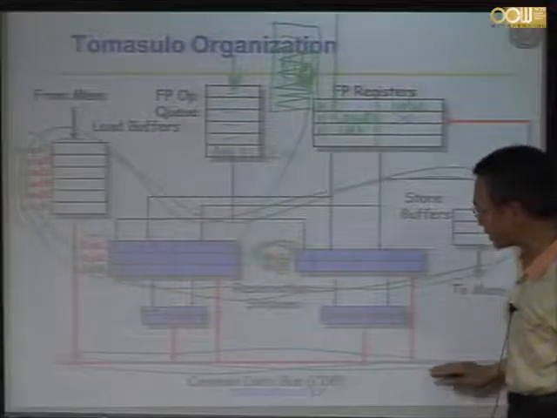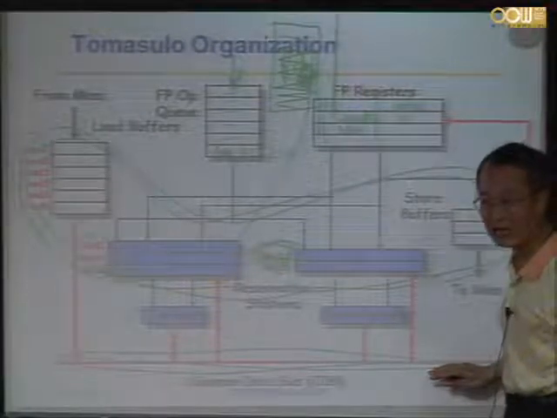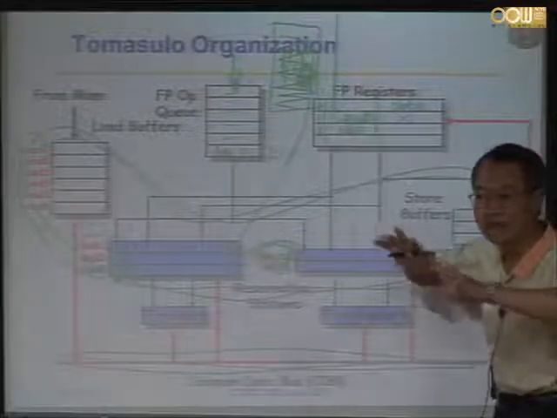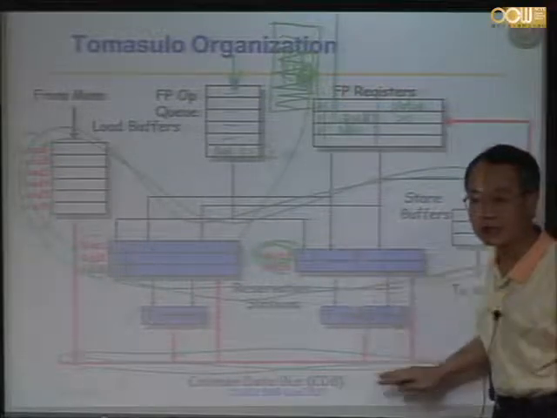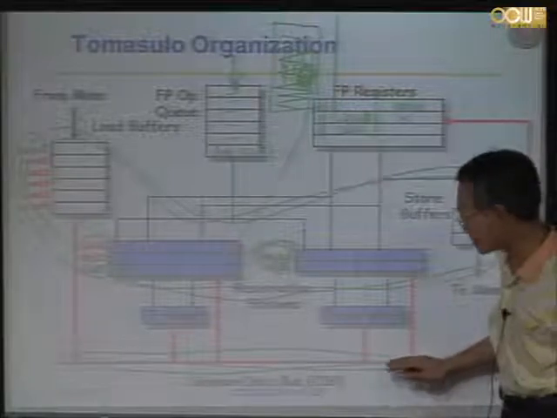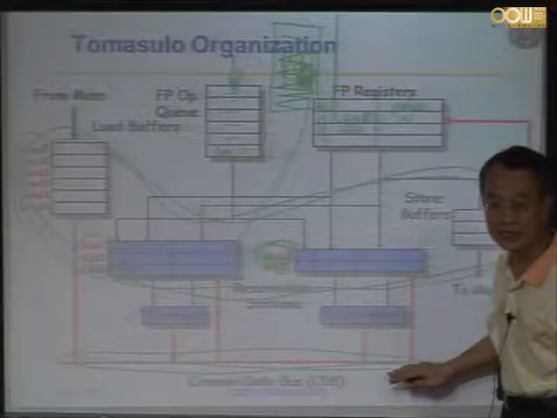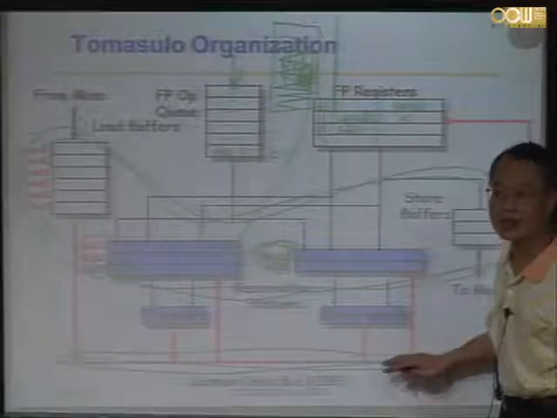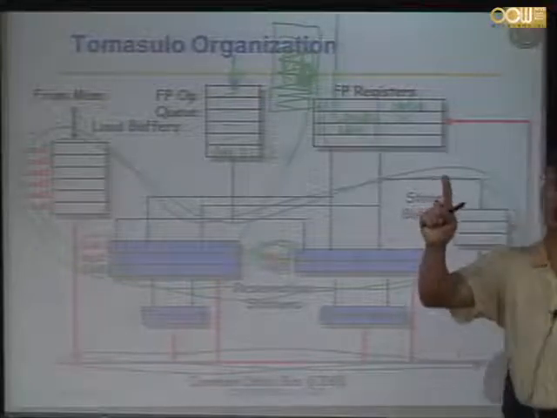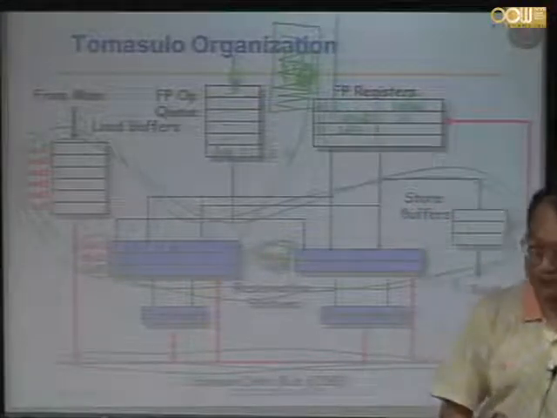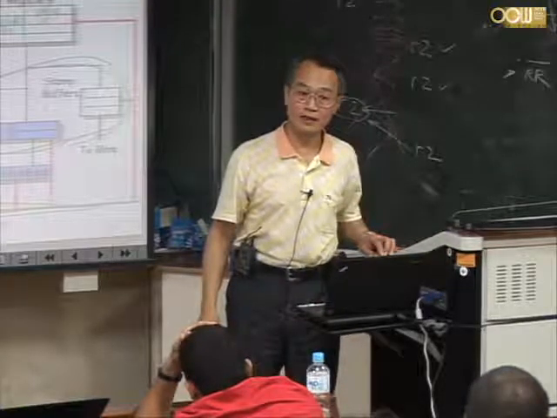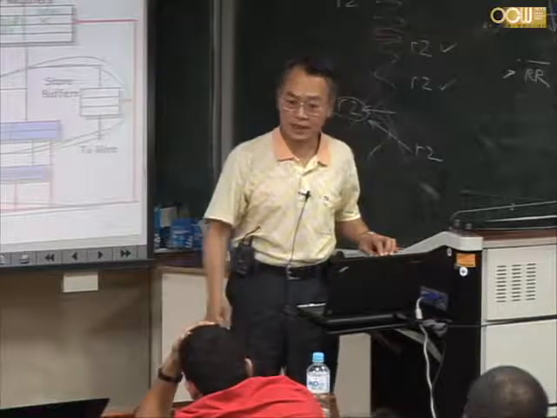So the common data bus, as you can already imagine, will be a very heavy interconnection to everywhere, and this also becomes the bottleneck. Very likely we cannot afford another set of common data bus. In other words, in every cycle we can only commit one instruction. With only one instruction committable, do you think that's a very quick design? Yes, why not?